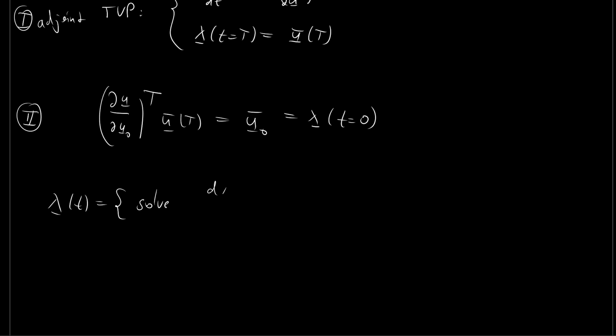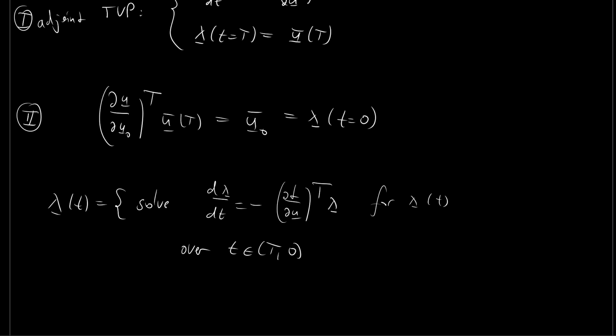This d lambda by dt is minus df by du in brackets transpose times lambda of t. And here again, let's also be general. Again, we want the full solution for lambda, so let's say again over t, element of capital T to 0, with the terminal condition being that lambda at t equals capital T is u bar at capital T.